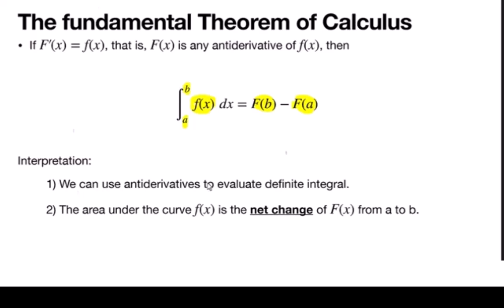We can use antiderivatives to evaluate definite integrals. Definite integrals meaning I will actually be able to find the net area under my curve. The area under the curve f of x is the net change of f of x from a to b. It's net because it could be positive and it could be negative.